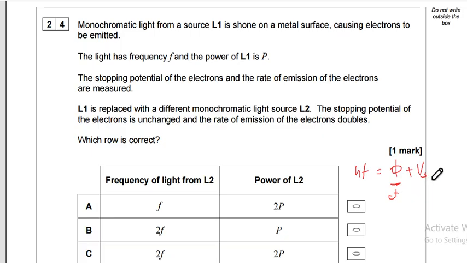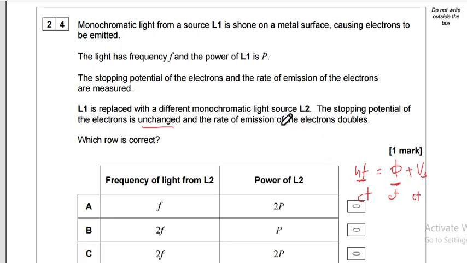And as the stopping potential is not changed, Vs is also a constant, and we use a different source L2, but as both Vs and phi are constant, we expect f to be constant.